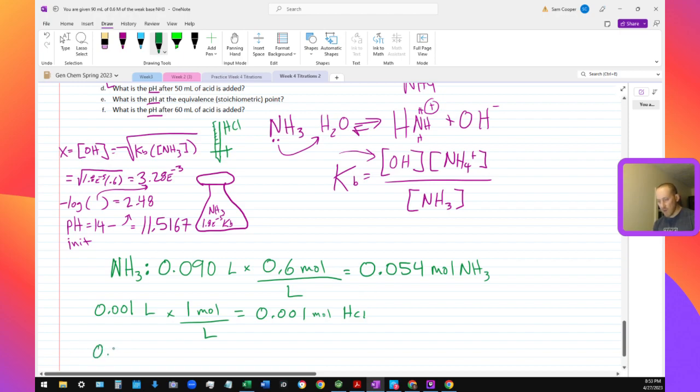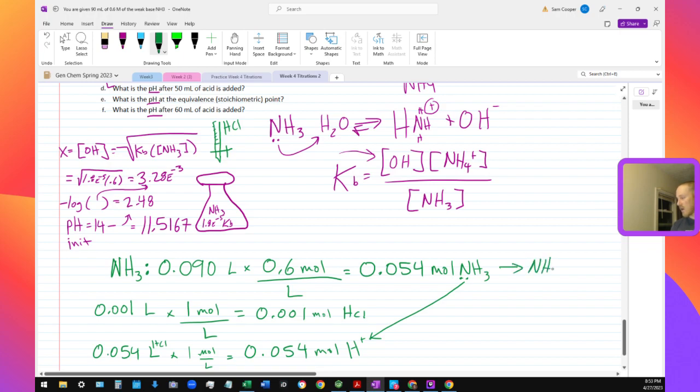That gives us that many moles of the H plus, which the lone pair on that ammonia is going to see and just grab, and it's going to make NH4. All of it, exactly all of it. So we're actually going to have exactly 0.054 moles of NH4.